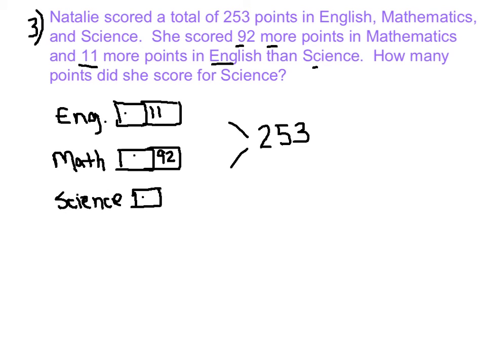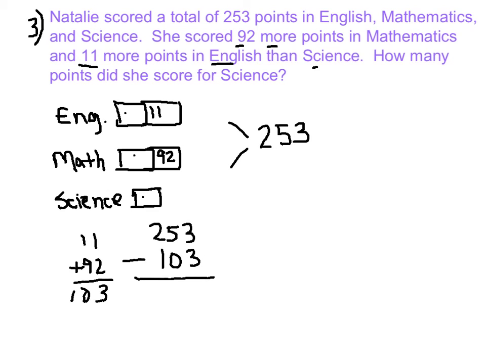If I could get rid of those odd amounts, I'm going to add 11 plus 92. It's 103, and I'm going to take away that 103 from the 253. Of course, that leaves 150. So now I'm going to split 150 into 3 equal parts.